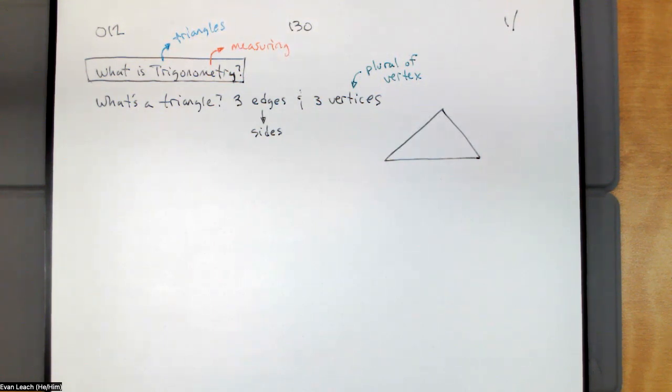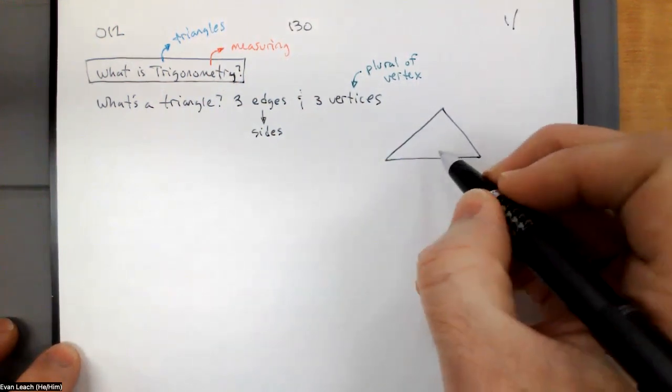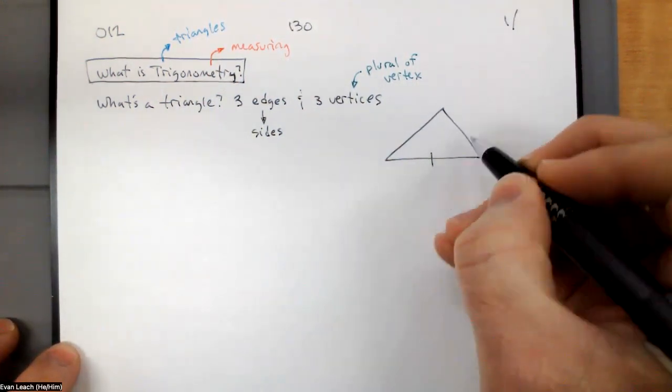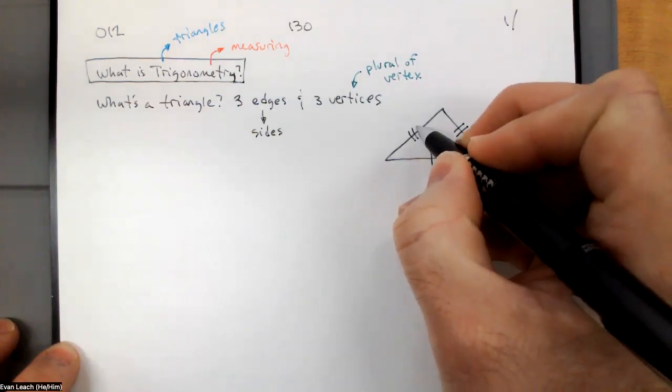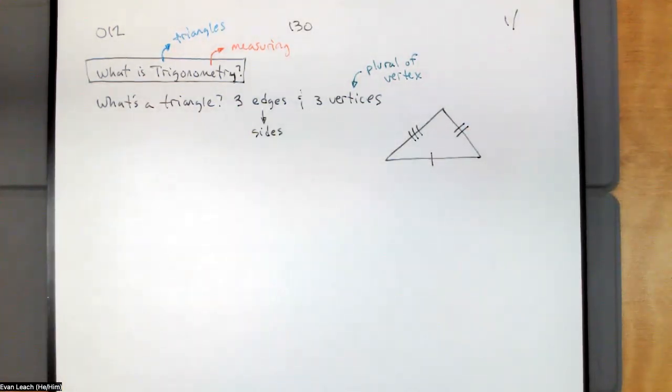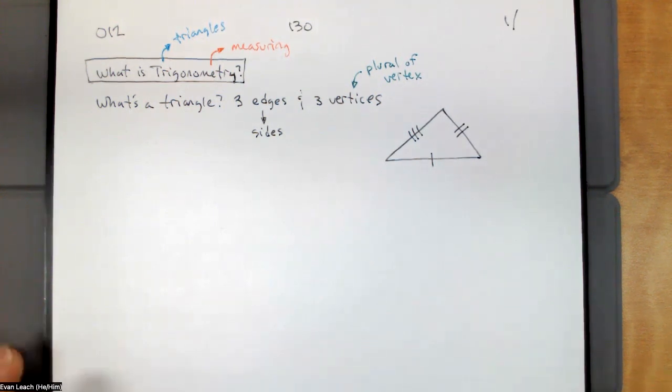Oh, yeah, totally. So we have 3 sides. Sometimes we want to say if these sides are different lengths, it's very common to put marks on them. Say these 3 sides are different lengths. We might also want to do the same thing with the angles that happen at the vertices, but aren't actually the vertices.